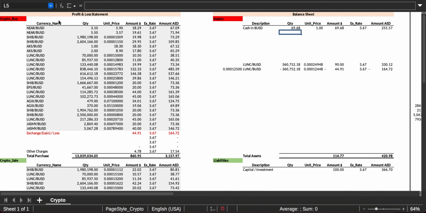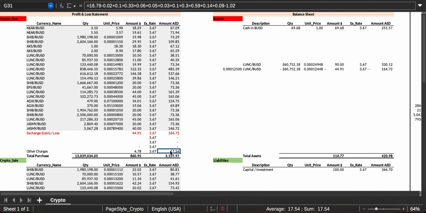On the other hand, the profit and loss account also has two parts: one is crypto buy and the other is crypto sale. I write other charges here. Whenever you buy crypto, maybe you will be charged some charges, so you write them here like your expenses related to this profit and loss statement, and you know whenever expenses increase, your profit is reduced.